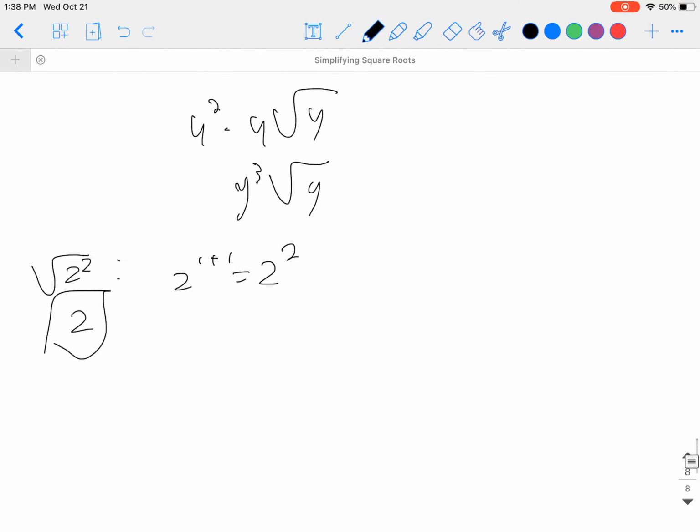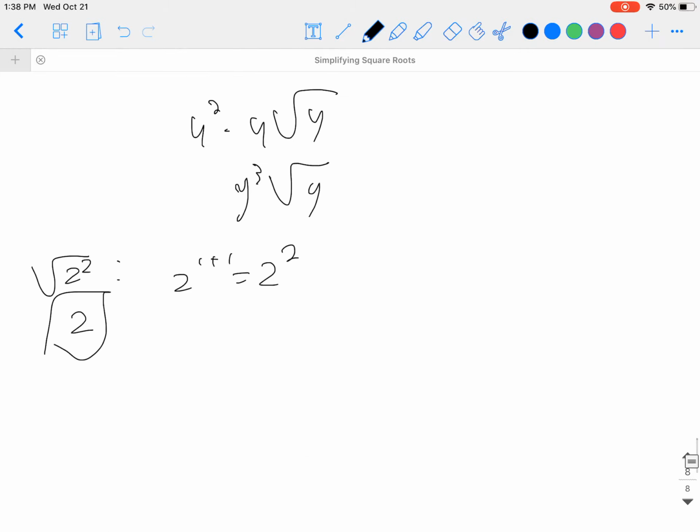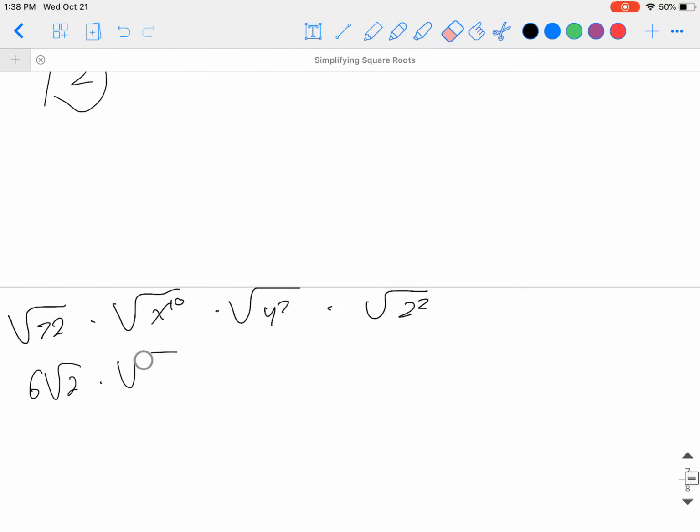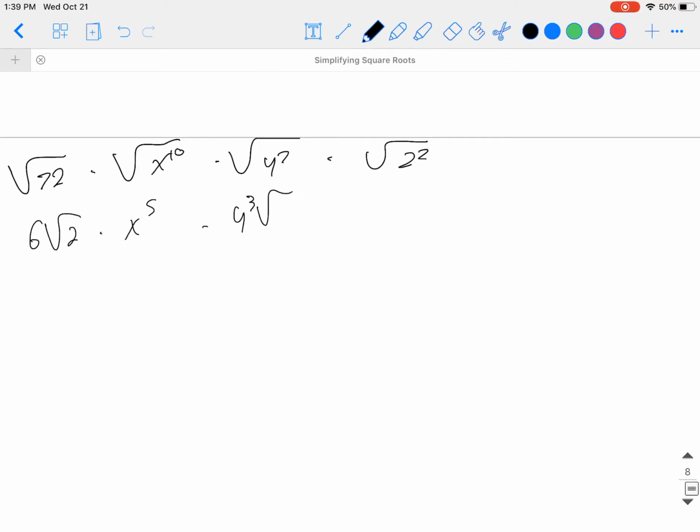So we have the square root of 72 equals 6 root 2. Square root of x to the 10th equals, I believe it was just x to the 5th. Square root of y to the 7th equals y cubed times the square root of y. And the square root of z squared is just z.